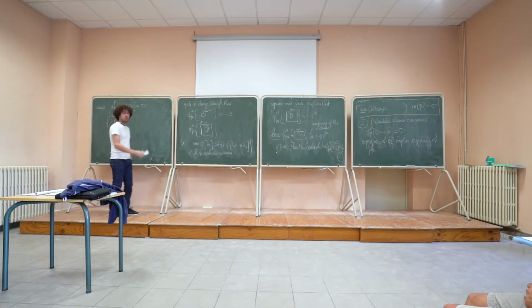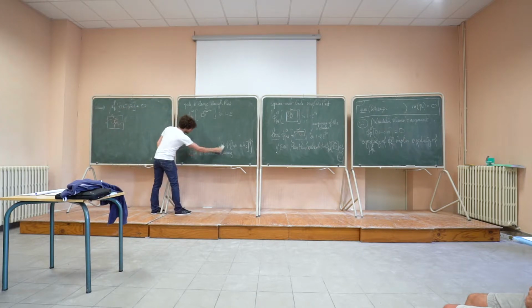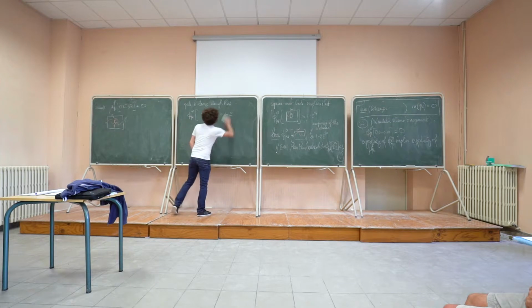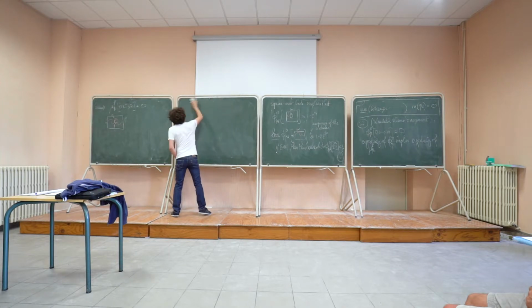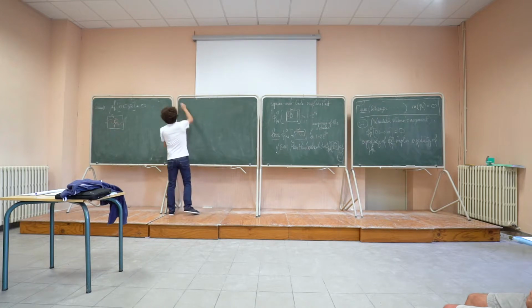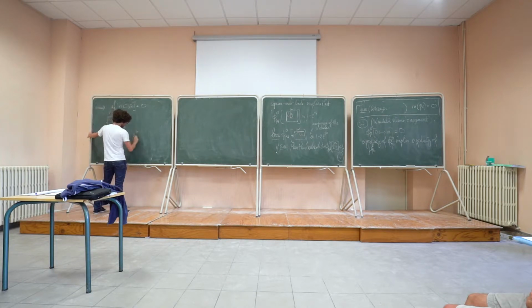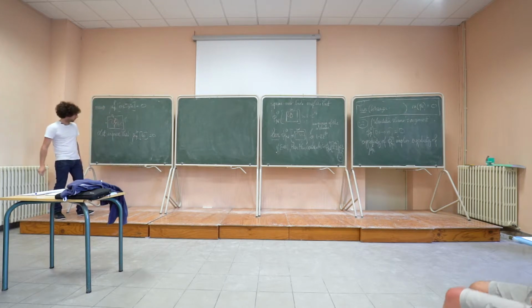So let us now prove that mu plus beta c of sigma 0 is 0.